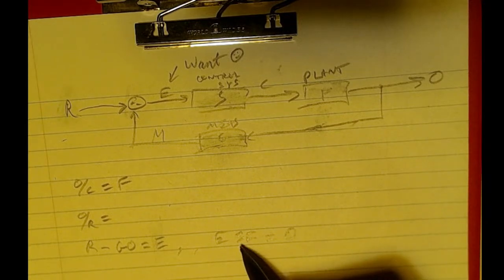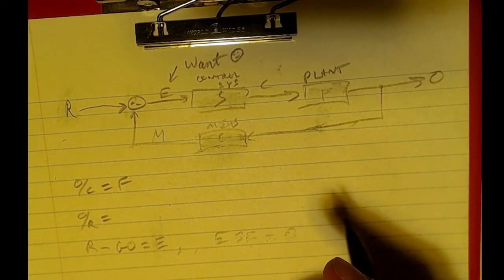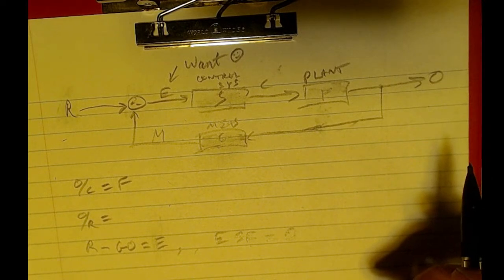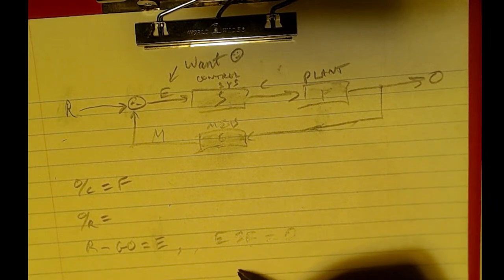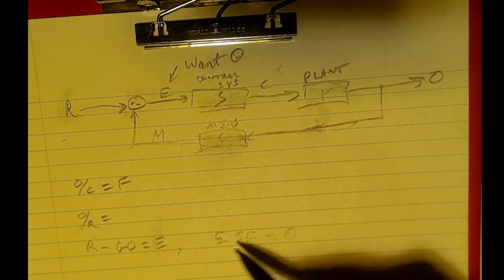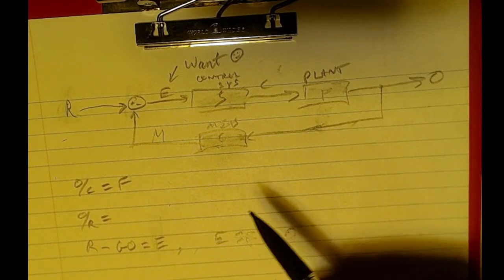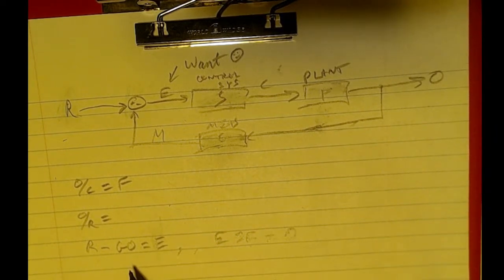We're assuming that we know S, we know F. Wait. Yeah, we know S, we know F, we know G, we know R. So we want to get O over R. O is our unknown, and E is also an unknown.